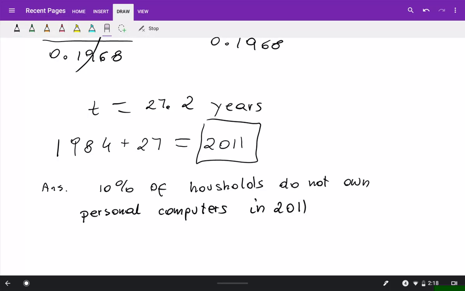Don't learn grammar from me. Okay, I think it's time to finish this lecture because I cannot even erase it. In 2011, 10% of households do not own personal computers.